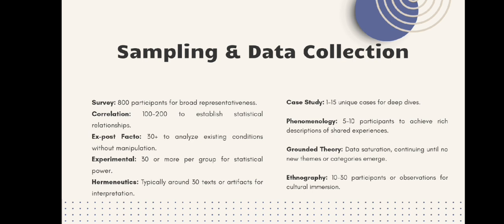Phenomenology requires 5 to 10 participants to describe shared experiences, and ethnography uses 10 to 30 participants or observations for cultural immersion. The size for grounded theory is determined by data saturation, meaning the researcher continues collecting data until no new themes or categories emerge.